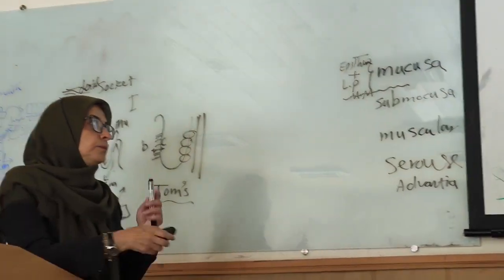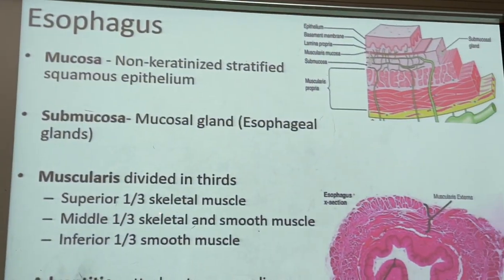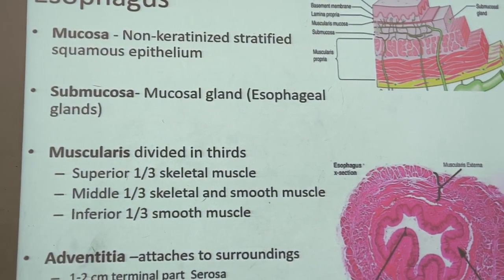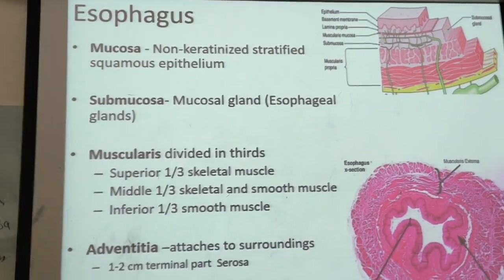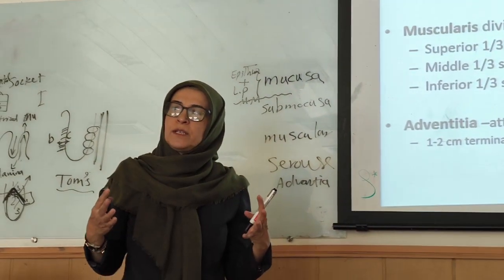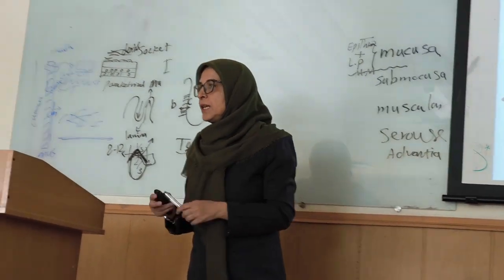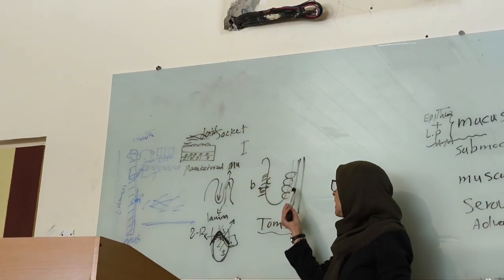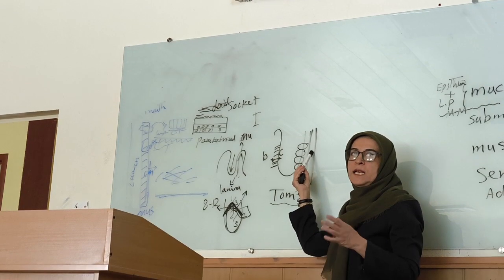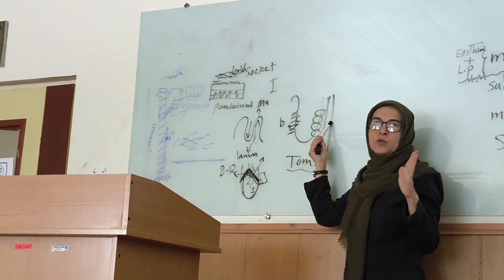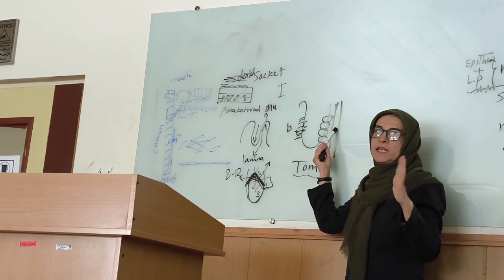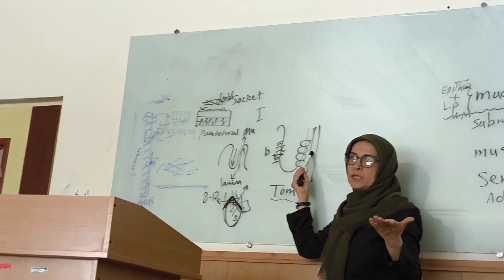But in the esophagus, this layer also includes skeletal muscles that don't have any special arrangement. The fibers are located in different directions. It means they don't have any arrangement as longitudinal or circular layers separately, and also no regularity.